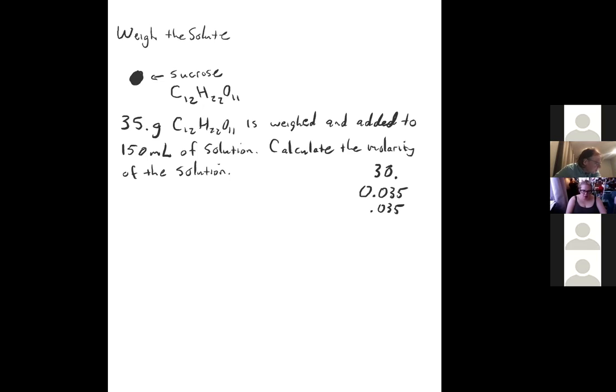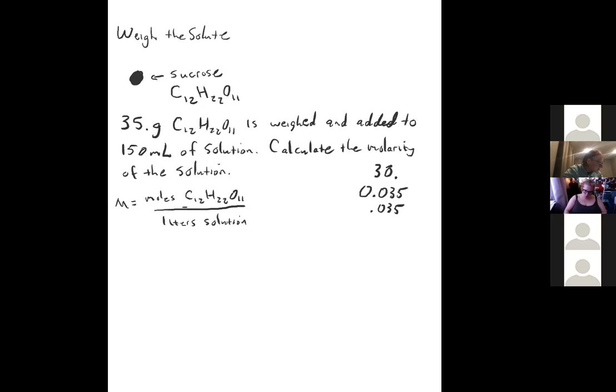Okay. So 35 grams of the sucrose is weighed and added to 150 milliliters. Remember, if we're going to calculate the molarity, we need the moles of the solute, and the solute would be the sugar. Then we divide that by the number of liters of the solution. We don't have the number of moles of sucrose.